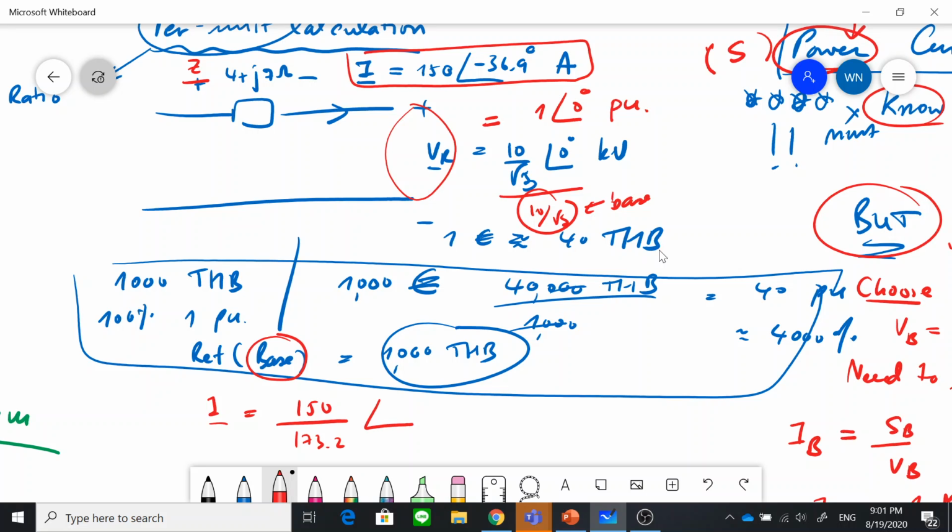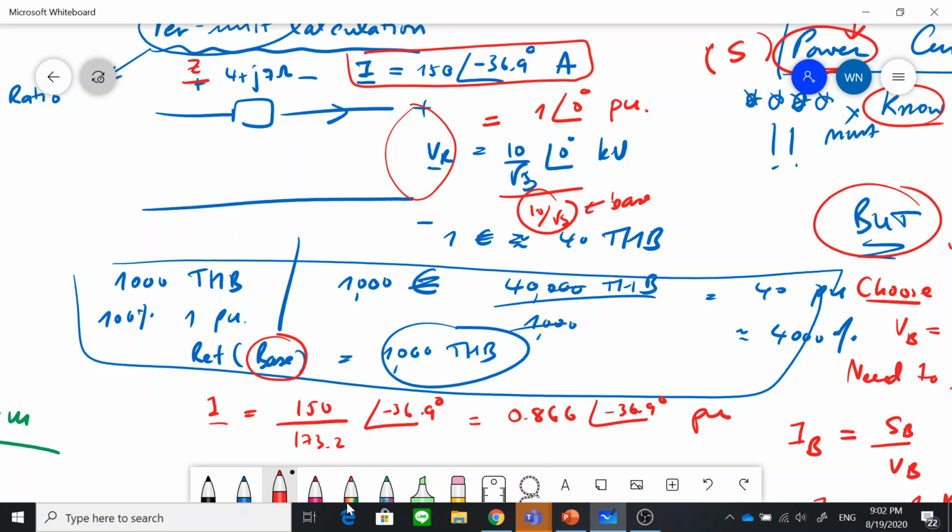I re-emphasize that by changing to per unit, you never change the phase angle. So the phase angle is the same. After the calculation, this is the result: 0.866, the angle is 36.9, and the unit changed to per unit.